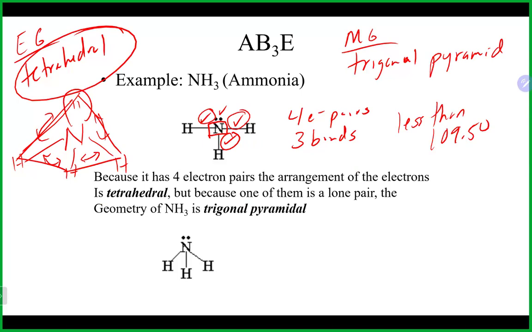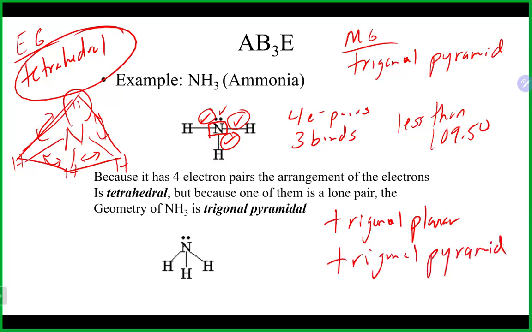Question on that one? Important note here: we saw earlier trigonal planar, which is 3 electron pairs and 3 bonds. And this is trigonal pyramid. They are different geometries, and you need to state the second word there. Do not on an exam just put trigonal and let me choose, because I'm going to choose wrong.